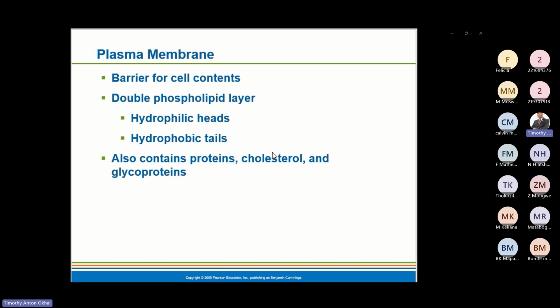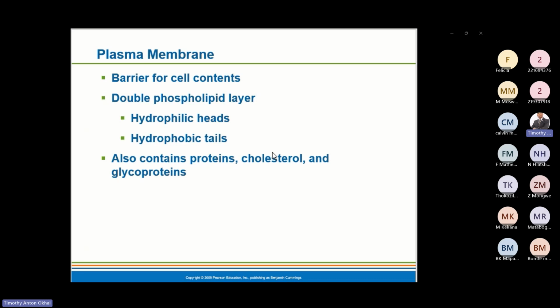It is composed mostly of protein and lipid or fat molecules. It is made up of a double phospholipid layer. So we have the hydrophilic head. Hydrophilic, it loves water, it leans towards water.